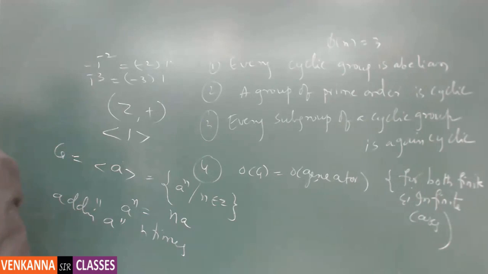Okay? Because generally generators will occur in even numbers. Because if A is the generator, A inverse is also a generator. So generally you will get the number of generators as 2, 4, 6 like that. Unless the element is self-invertible, you will not get 3 generators. That's the issue here.